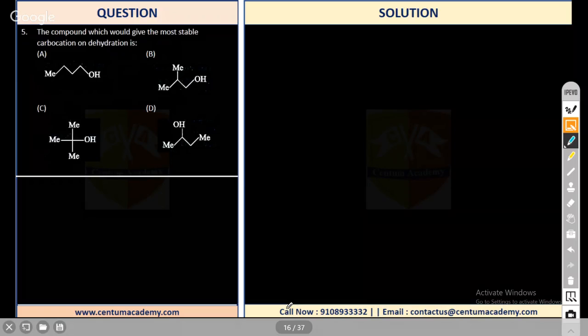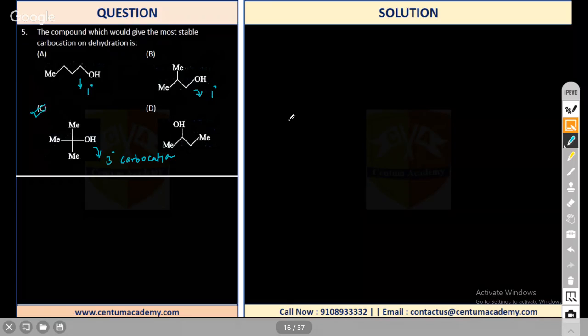See, third option on dehydration, we are getting what? 3-degree carbocation. Yes, we'll get a tertiary carbocation here on dehydration. Here we'll get 1 degree. And here we get again 1 degree. Right? Tertiary carbocation is most stable. So hence option C.